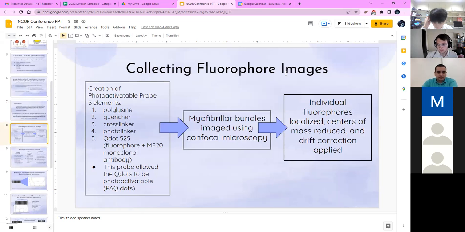The antibody is used to target the myosin filament. This probe allowed the quantum dots to be photoactivatable. So I took images of rabbit skeletal muscle. Once these probes were injected into the muscle filament, they were imaged using confocal microscopy. Then the individual fluorophores were localized, their centers of mass were reduced, and drift correction was applied.